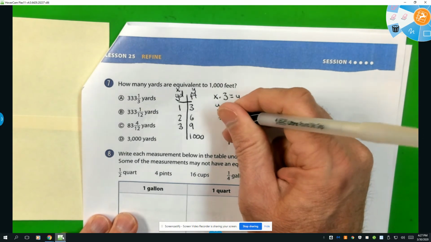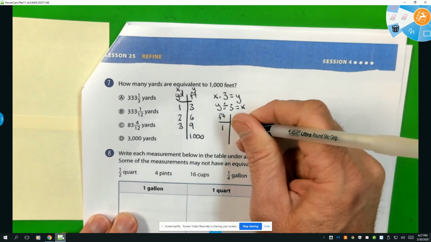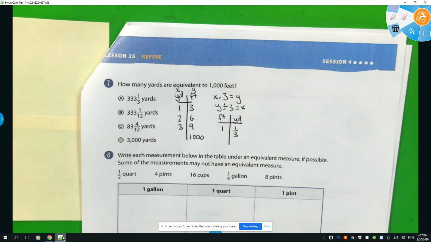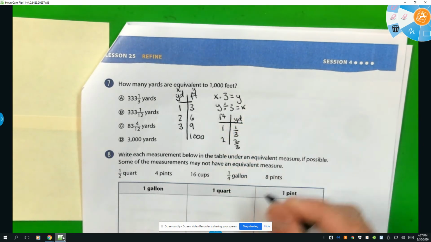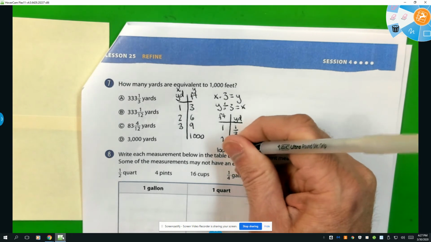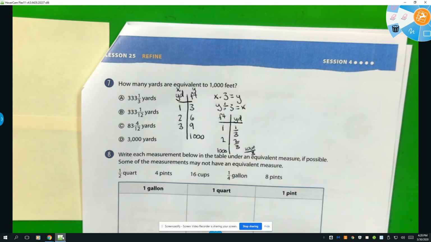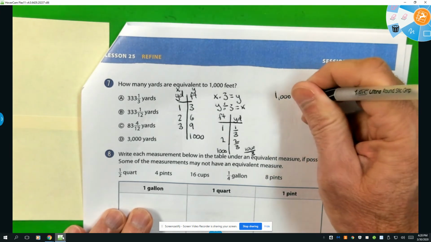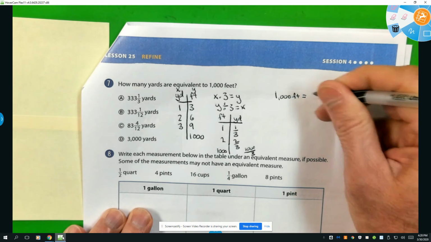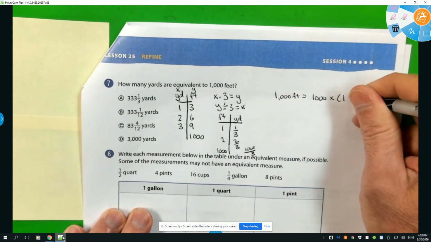So if I'm doing this at home, I could also think of this in another way. If I had feet and yards, I know that 1 foot is 1/3 yard. 2 feet is 2/3 yard. Well, 1,000 feet would be 1,000 thirds of a yard. And that's pretty important to know. So let's say 1,000 feet equals 1,000 times 1 foot.